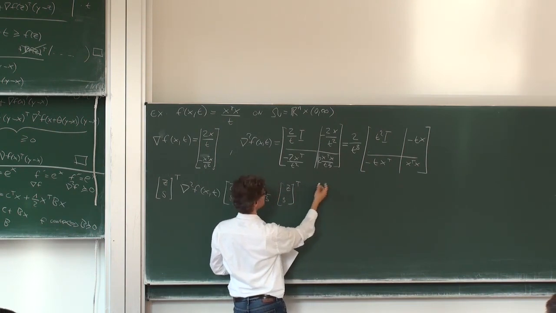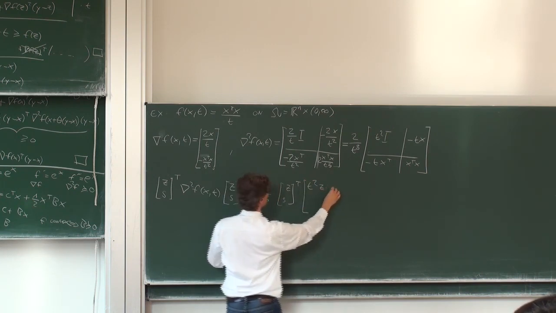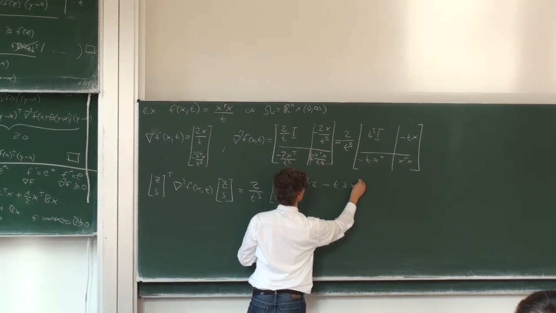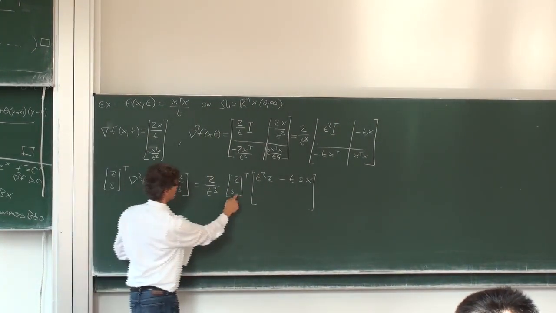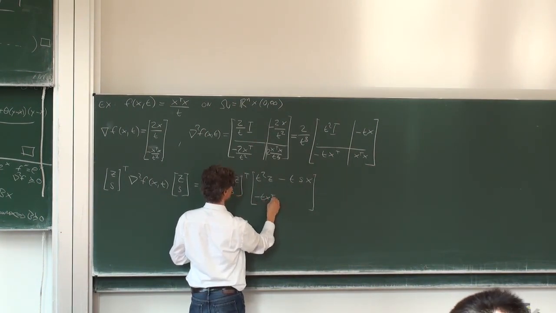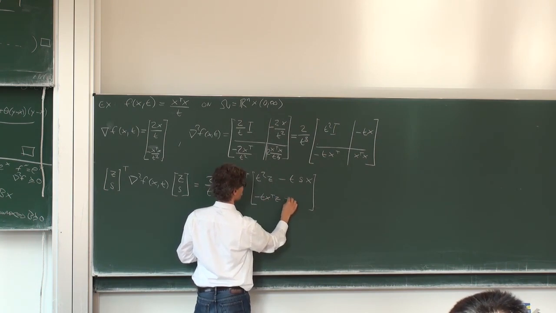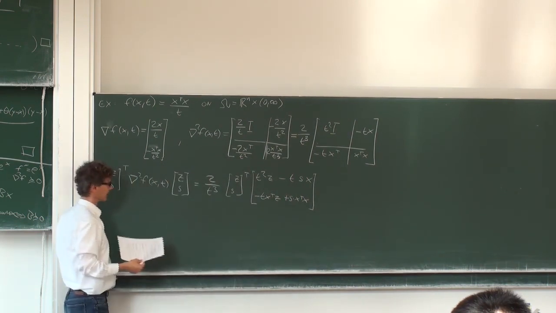Then I have here a t squared times z, that's the first component of this vector, and then I have here minus t s x, and here the second component is multiplied now with its minus t x transpose z, and here I get a plus s times x transpose x, and I do that again.